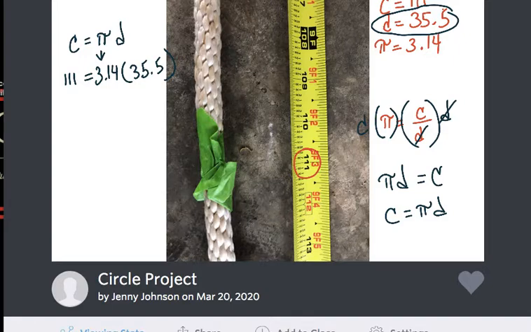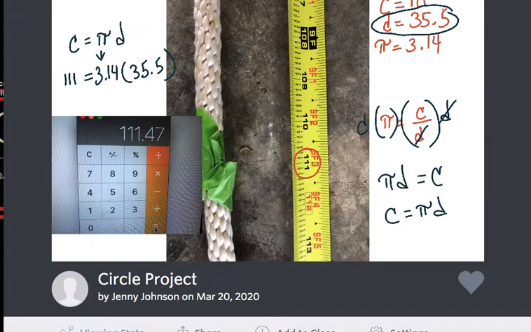I'm just going to say 3.14 times 35.5, and I'm going to see what I get. And when I calculate that, here's what I get: 111.47. Now, you have to remember that pi is an approximation, so that accounts for that little bit over that I got. So this worked out nicely.